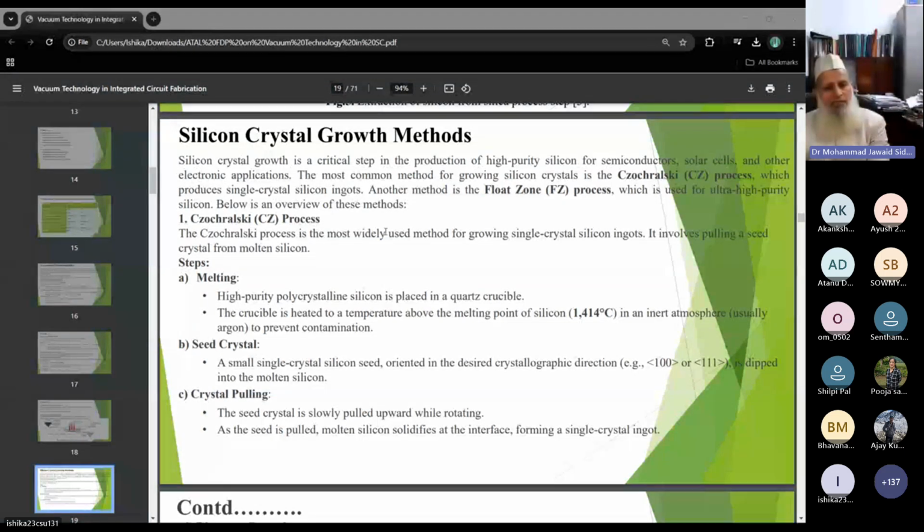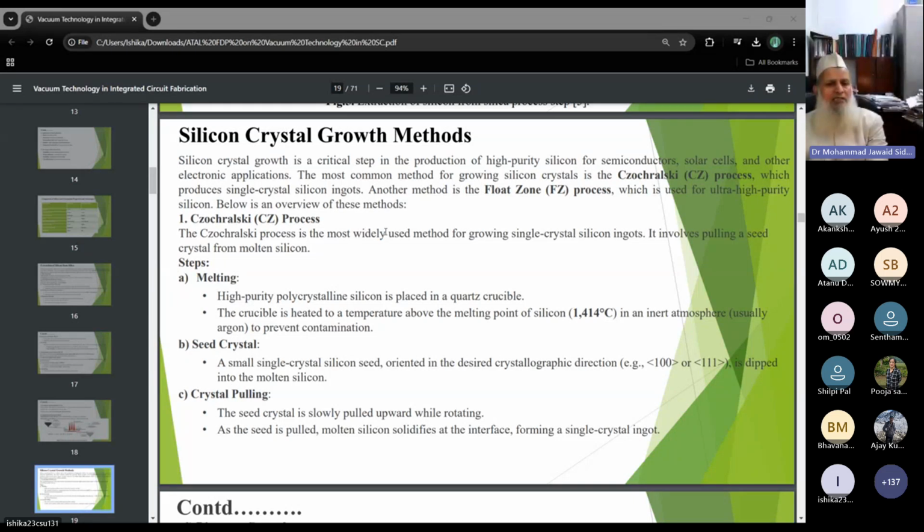As I told you earlier, mobility is one of the very important parameters of electronic devices, because in the case of the MOSFET, the mobility is directly related to transconductance, and transconductance is directly related to gain of the amplifier. That is why all electronic devices are fabricated using single crystal silicon.